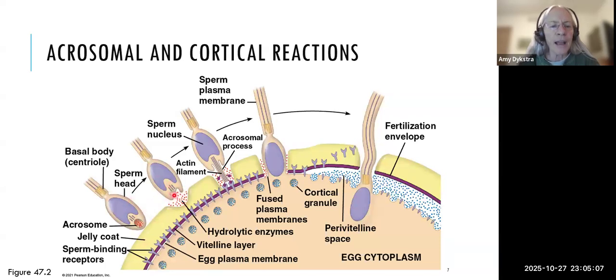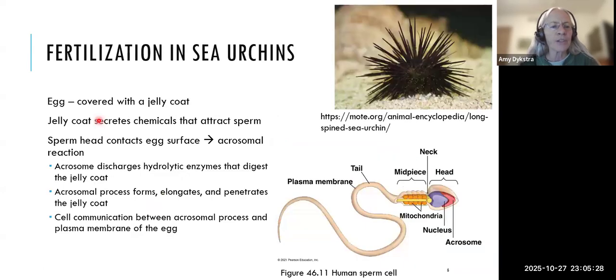And once the acrosome enzymes are released by exocytosis, then these actin filaments, microfilaments, can begin to grow, and they push the plasma membrane of the sperm cell out. And so you get this extension of the sperm. And so that is called the acrosomal process, an extension of the sperm cell. It elongates and it penetrates the jelly coat.